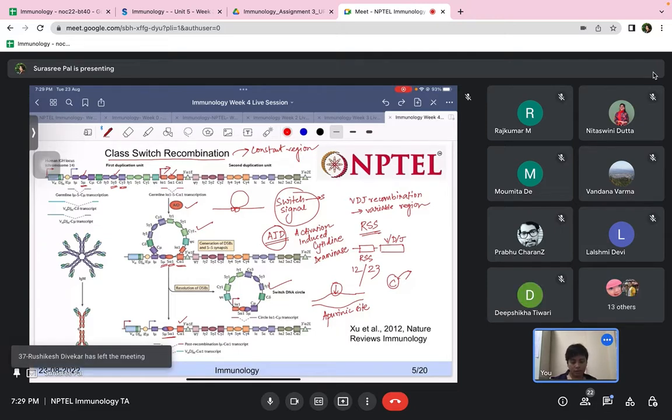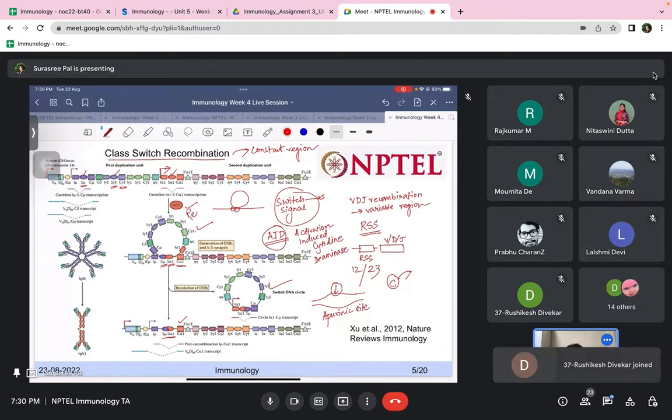So this is the overall process, the class switch recombination, taking the help of the AID enzyme, the recombinase here, and the help of the cytokine signals, and also the loop kind of thing.